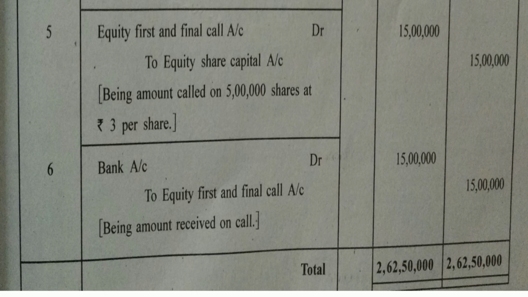And there are no calls in arrears in this case. So the next journal entry is obviously about receipt of first and final call, which says bank account debit to equity share first and final call account, and 15 lakh is received. This completes your sum and the total of debit and credit is always the same.